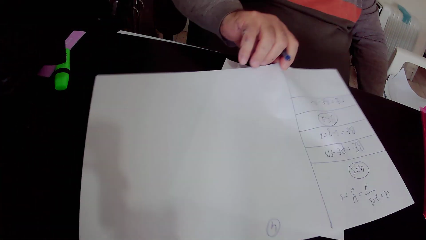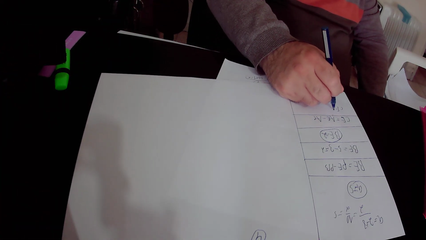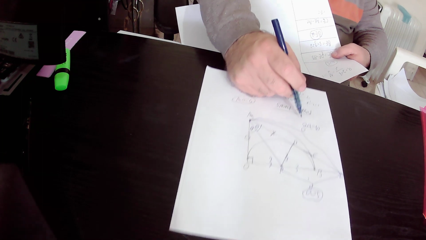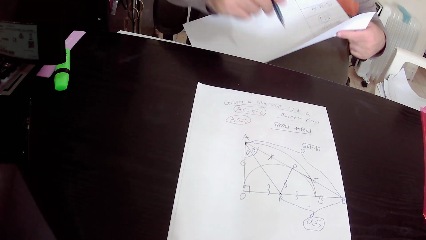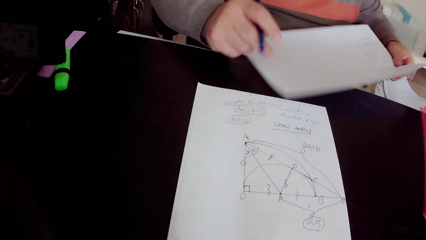So CE equals AE, which equals 10 units, minus AC.